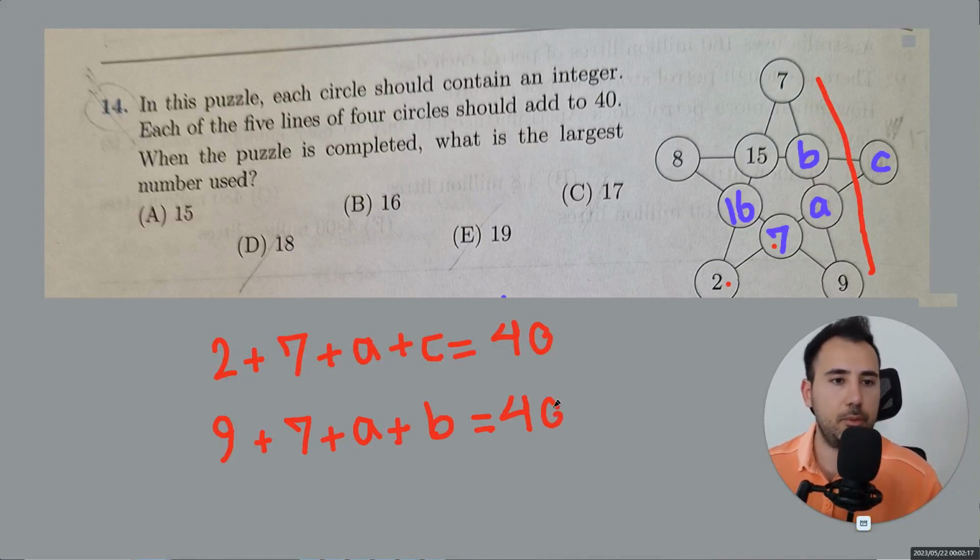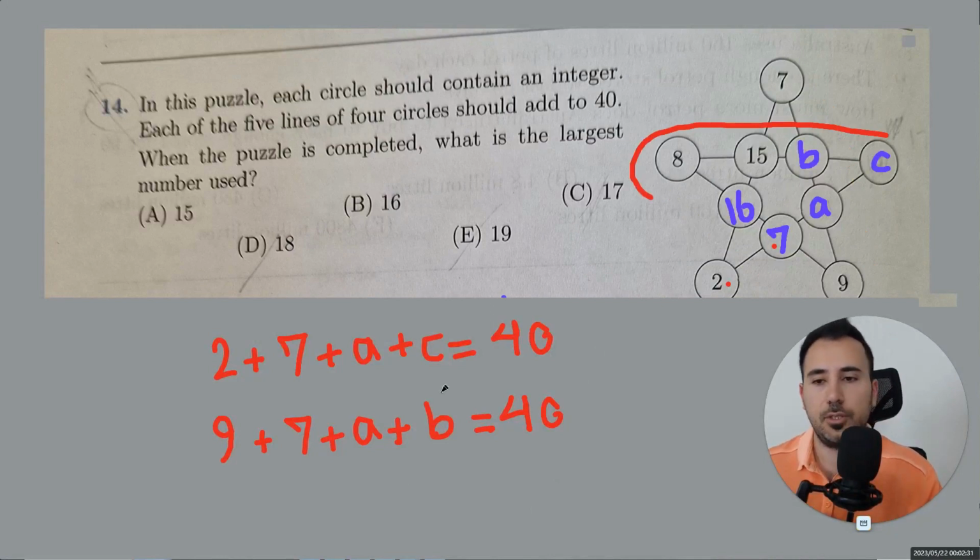Again, we need to write another equation. I didn't write it for B and C, so I didn't write it for this one, right? So the last one will be 8 plus 15 plus B plus C is 40.